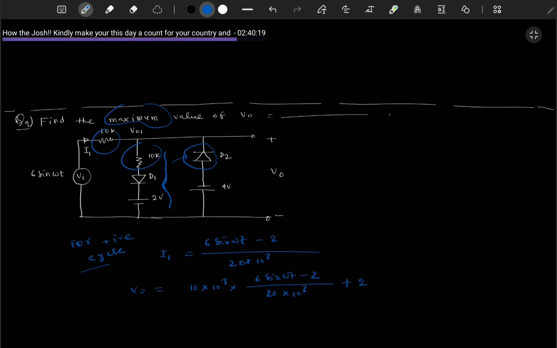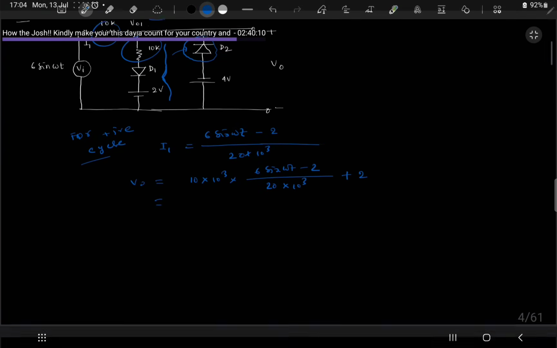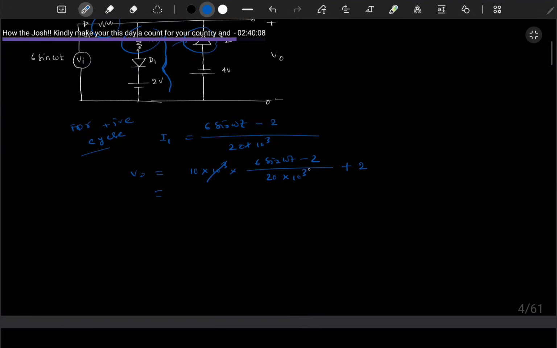Also diode's voltage drop we are considering as 0, means ideal diode here, so it will be how much, let's see, 3 sine omega t plus 1.